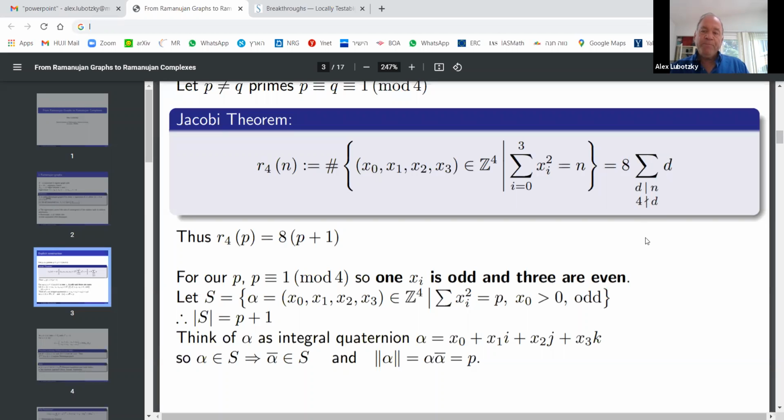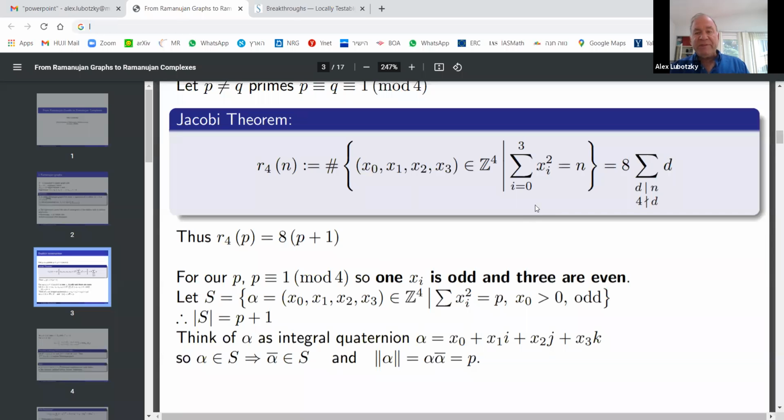Okay, let's apply it to the prime p. For a prime number, this is simply 8 times (p plus 1), right? Because there are only 2 divisors, p and 1. But about our prime, we also assume that it is congruent to 1 mod 4.